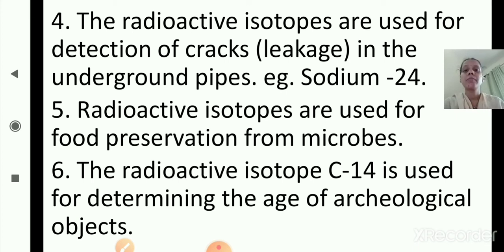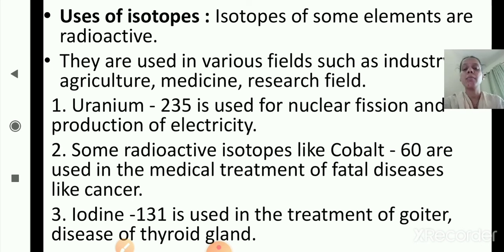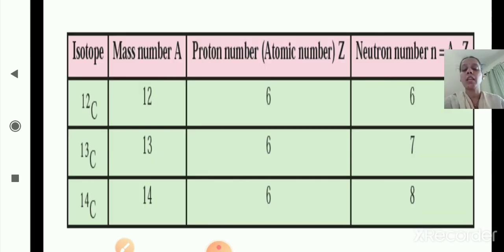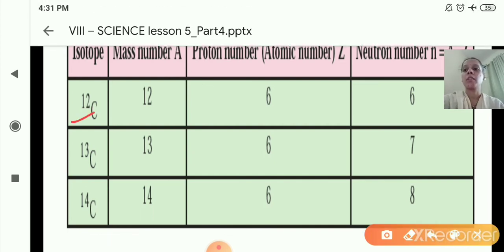We have seen the mass numbers are different and the atomic number is the same. In the carbon isotopes they have different mass numbers like 12, 13 and 14, and the atomic number is 6, the same for all the atoms.